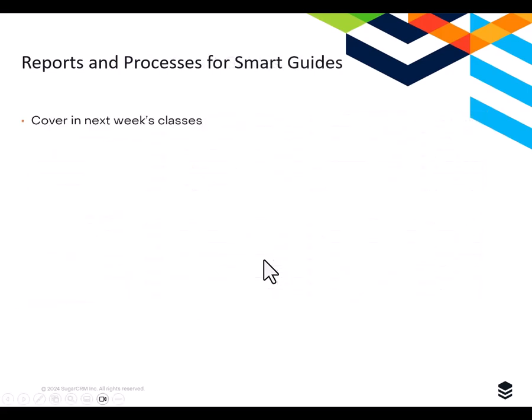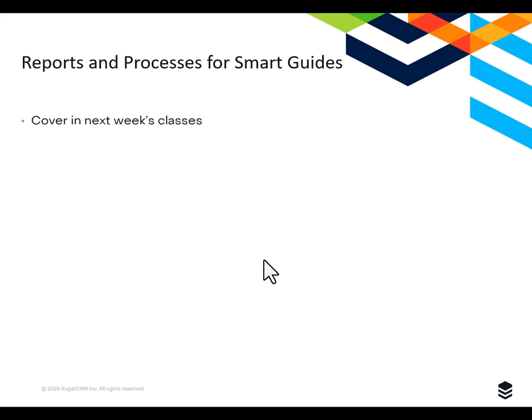The next two things that we're going to talk about, we're going to cover in another section, which is next week. So next Monday, Tuesday, we're going to do processes. So Sugar BPM, and we will discuss a portion of that as Smart Guide processes, and that trigger them or start them or change something in them. And then also, how do you report on it?